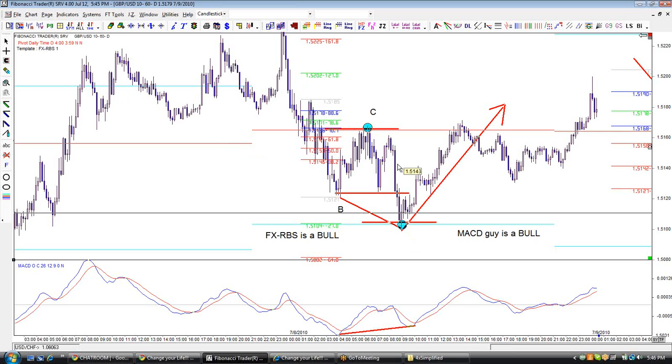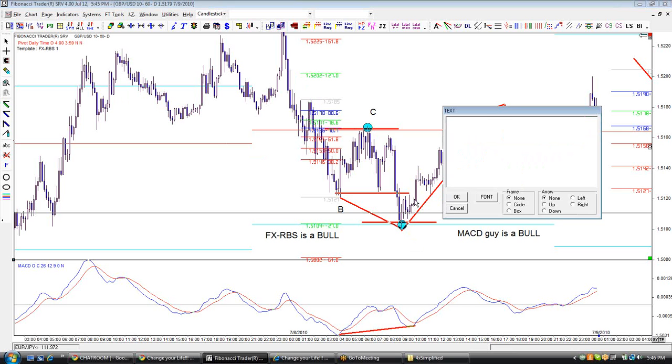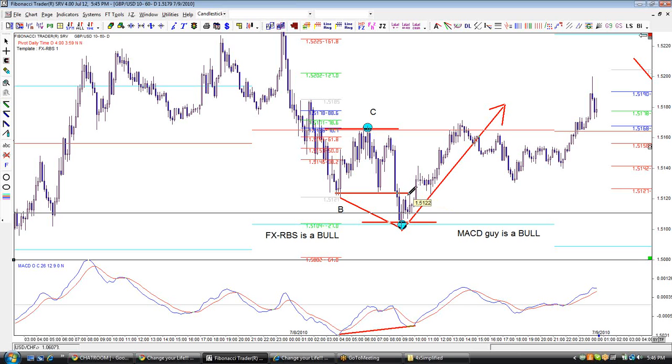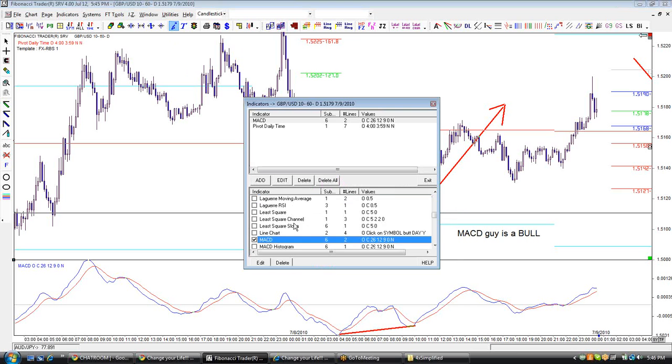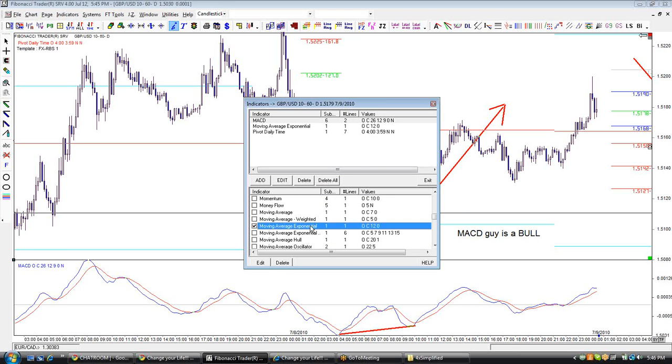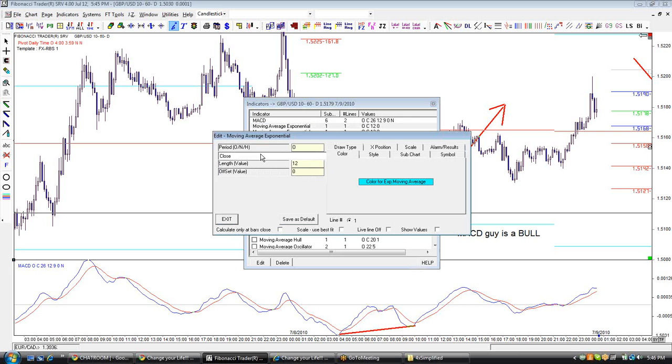If I place a couple of moving averages, probably we'll see a moving average cross somewhere here. I'll just try it out. I know a lot of people are trading 13 and 5 crosses.